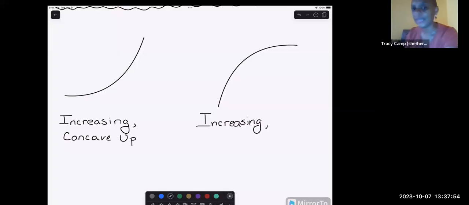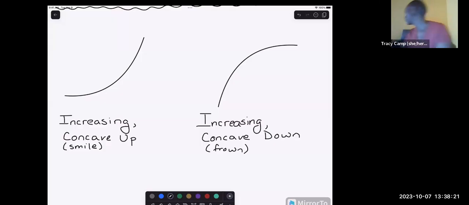And when this happens, we have a curve that looks kind of like a frown, and we refer to this as being concave down. So again, when I think of concave up, I kind of think of a smile. And when I think of concave down, I kind of think of a frown.